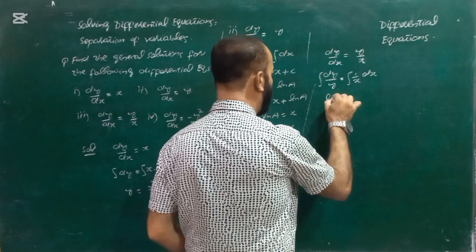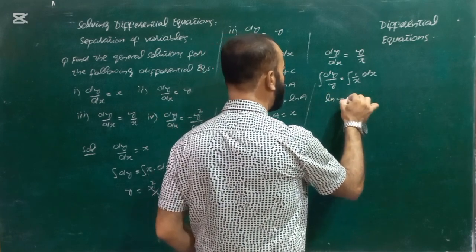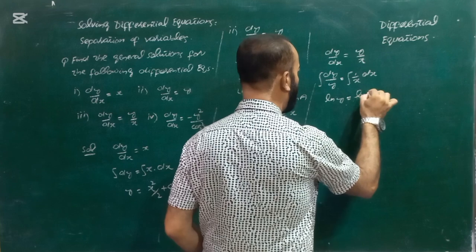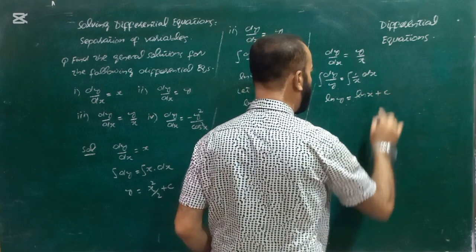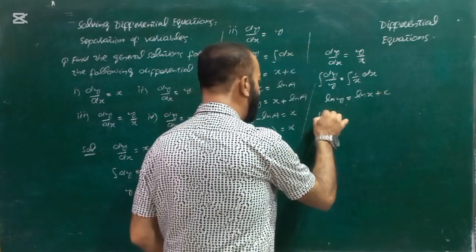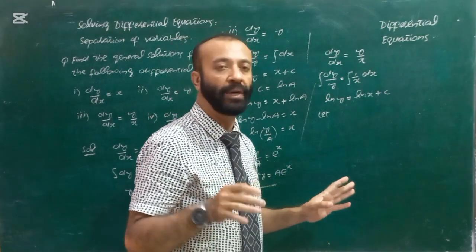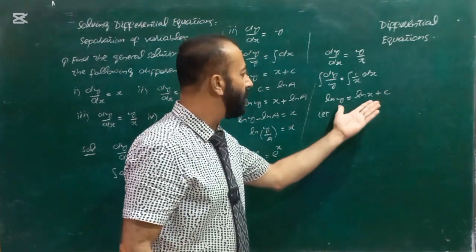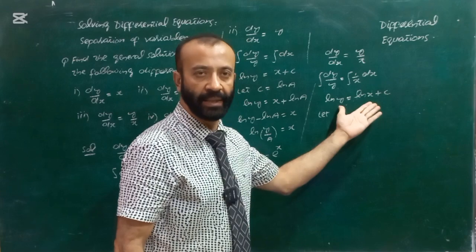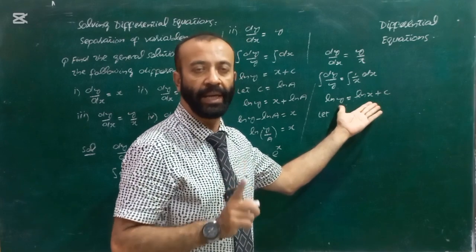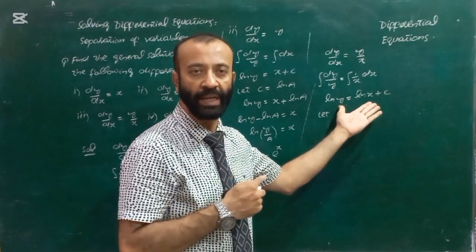So it will become natural log of y is equal to natural log of x plus c is there. At this step, because we have to express y in terms of x in the very last step. So although this is the answer, but the last step is missing because we have not expressed y in terms of x yet.